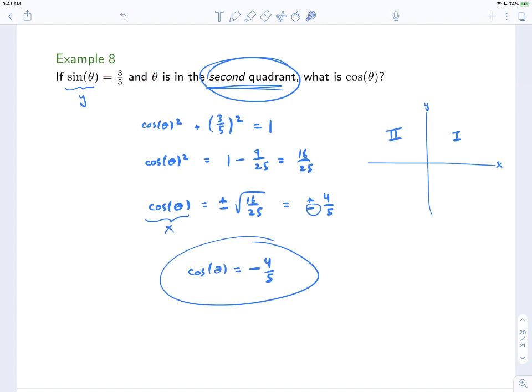So if we knew that y was equal to negative 3/5, or we knew that sine of theta was negative 3/5, then we'd have to be down here in either the third or the fourth quadrants. In this case, we knew that we were in the second quadrant, and that makes sense because we know that y is positive. In the previous example, we were in the first quadrant, and again, y is positive there.